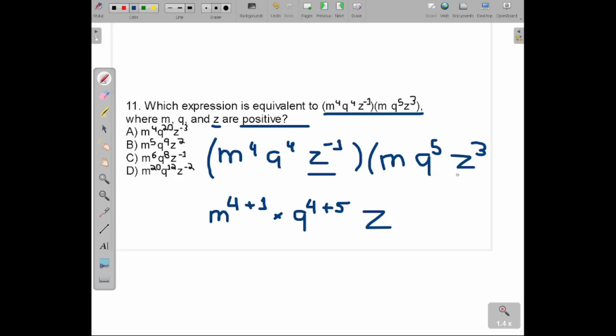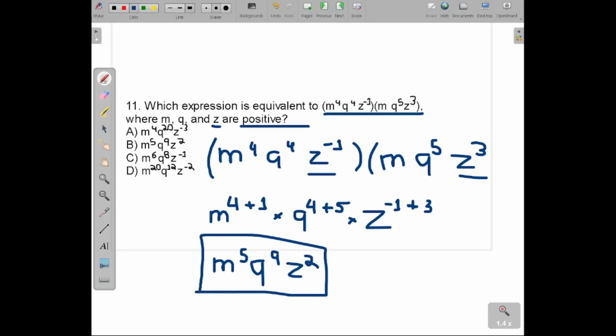So c and c have the same base. So we copy the base times c, and we add the exponents, negative 1 plus 3. 4 plus 1 is 5. 4 plus 5 is 9. Times c, negative 1 plus 3 is 2. This is the solution to the expression. And the right answer is B. M to the power of 5 times q to the power of 9 times c to the power of 2.